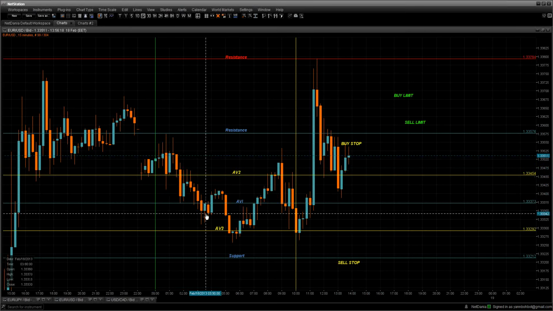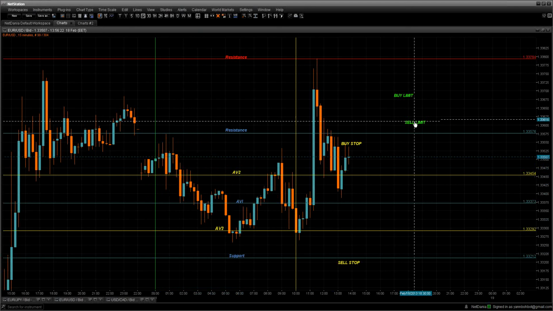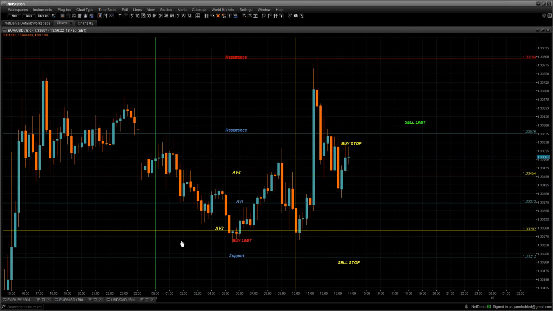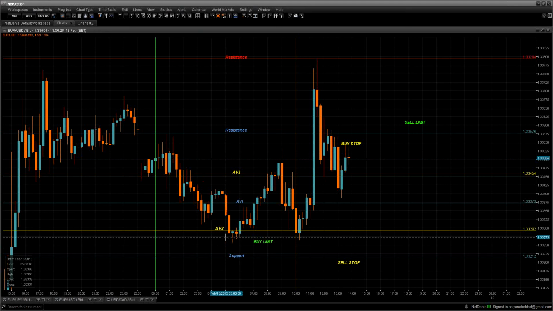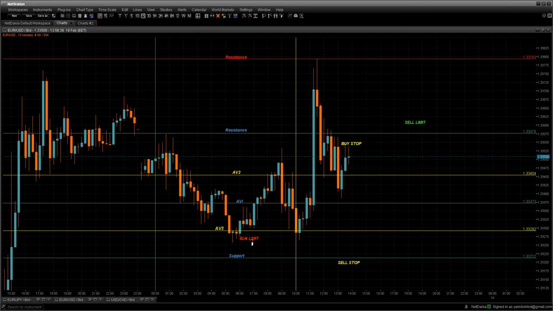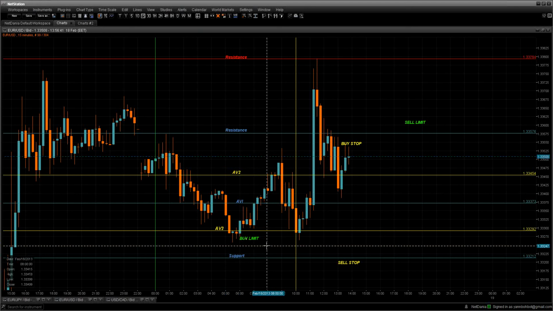If it passes, it goes below average 1, it needs to break average 3. Once it breaks average 3, let's say you're putting a rate a bit below average 3. So let's say instead of 1.33292, 1.33275. So once it reaches 275, okay, put a buy limit.